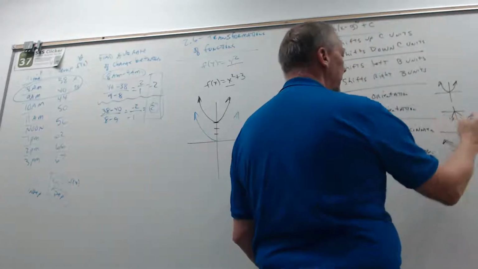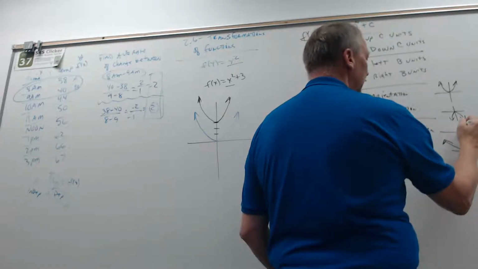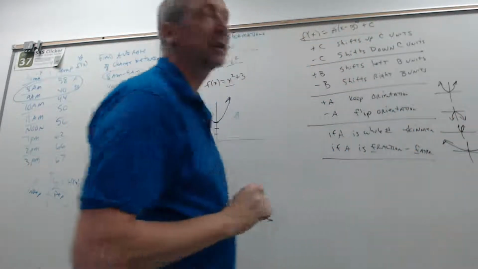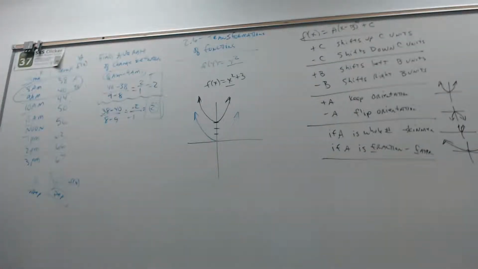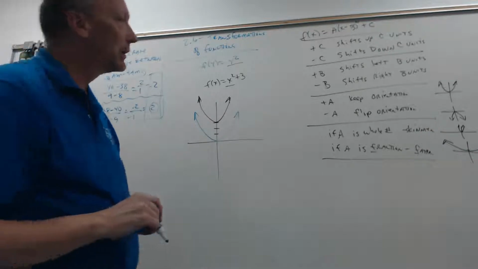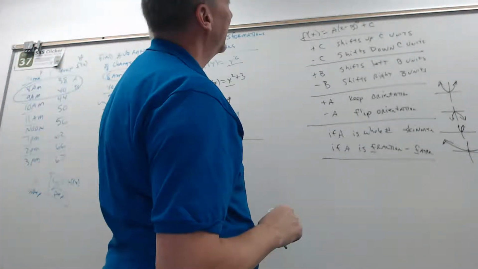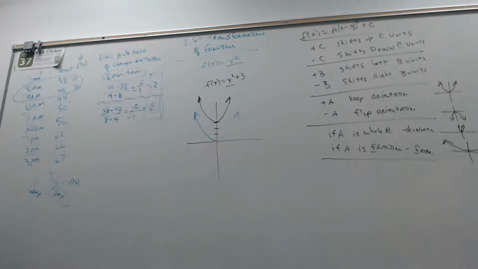Or if I have a whole number, it's going to make it much skinnier. Does that make sense? I'm trying to remember if there's any other options. Let me make sure I'm not missing anything. I think that's good.